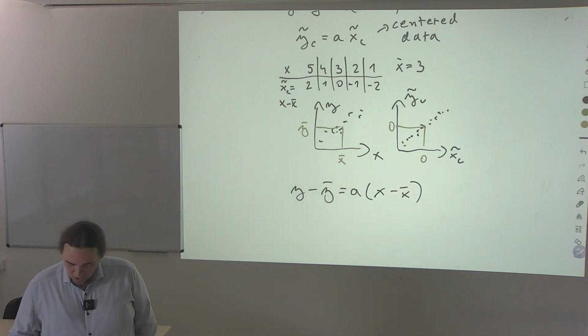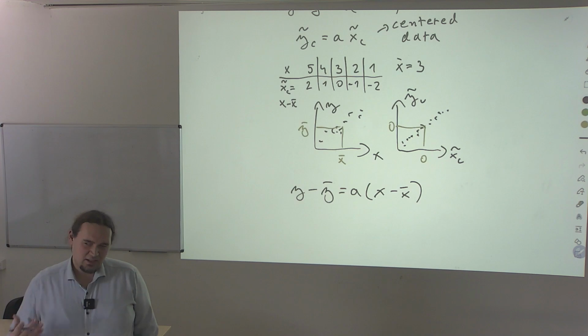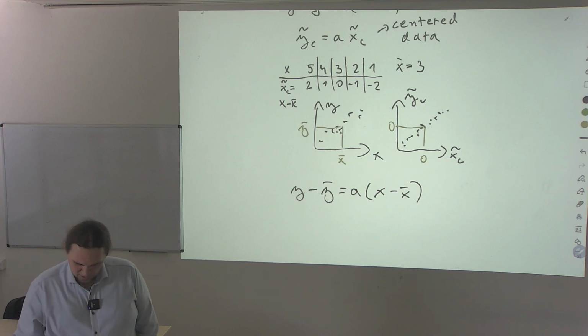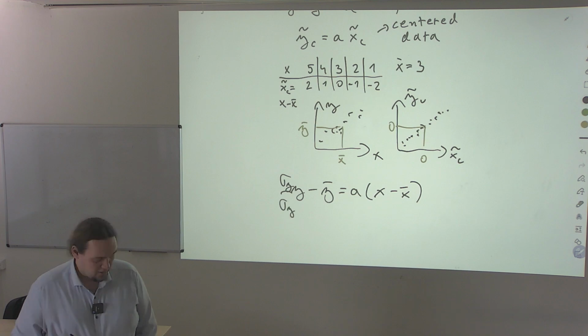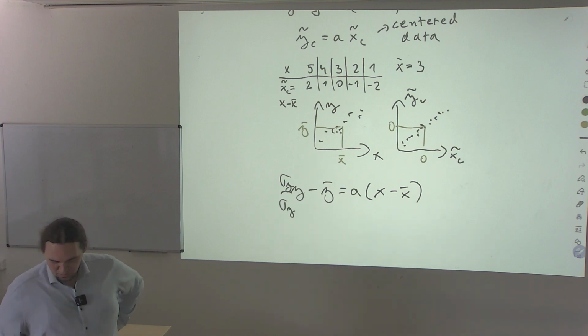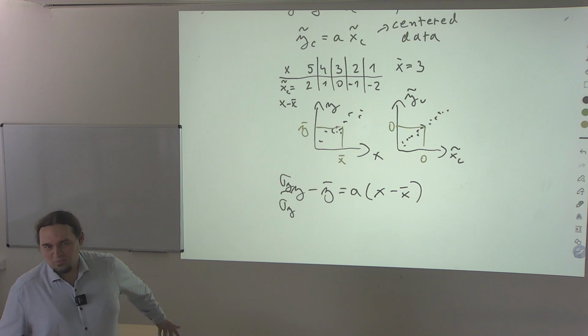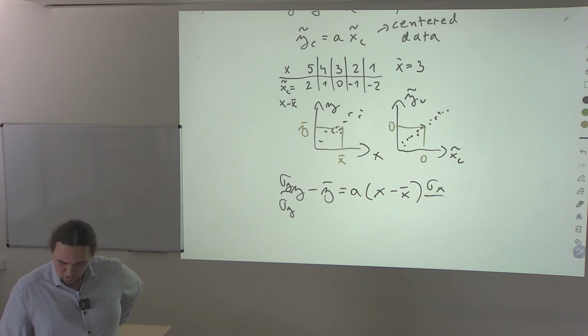Yeah, we already know how to do that. So let's expand the left-hand side with the standard deviation of y divided by standard deviation of y. We did nothing bad to the equation. We just multiplied it with 1 in some form, and let's do the same on the right-hand side with the standard deviation of x.